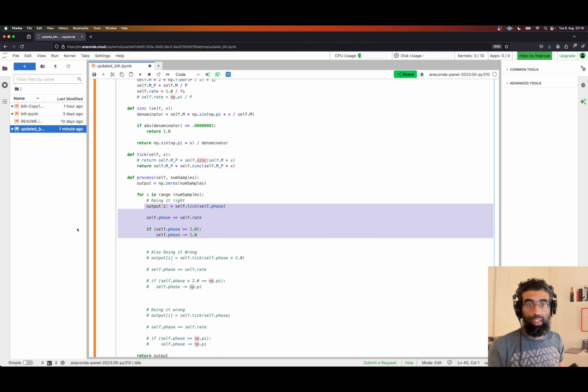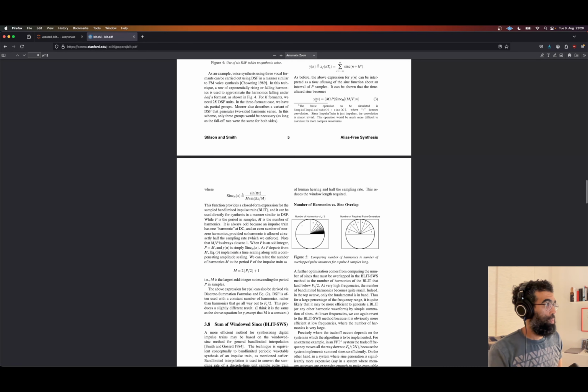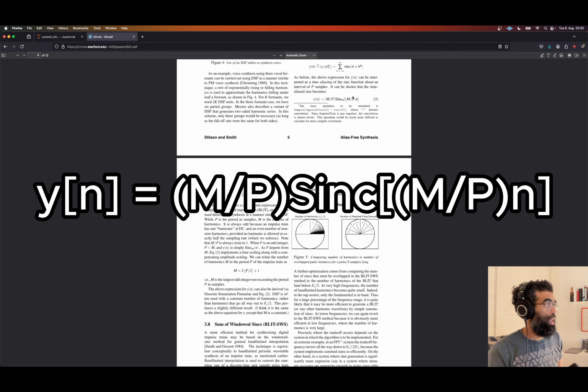And now here's the other thing, and this is a great lesson in, how do I put it? It's very difficult to implement some of these algorithms when you don't have a good foundation in math. Because look at this part: y of n equals m divided by p times sinc of (m divided by p times n).